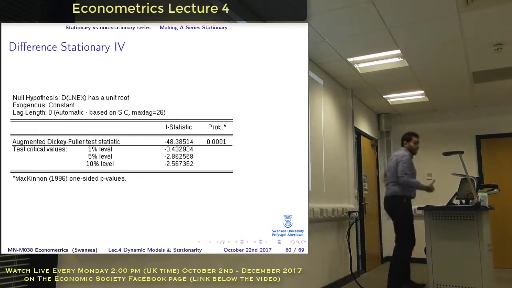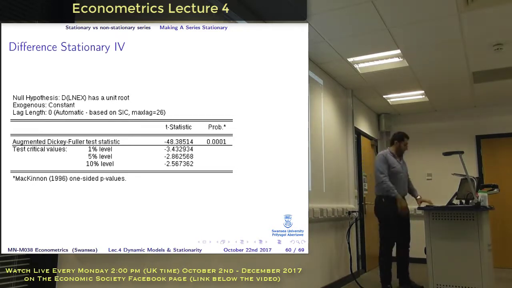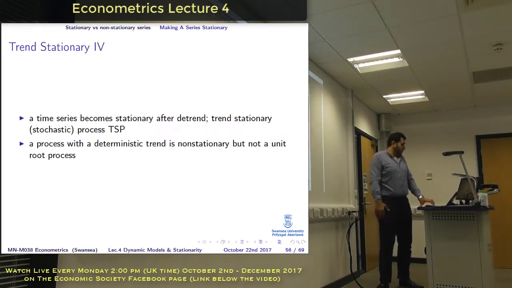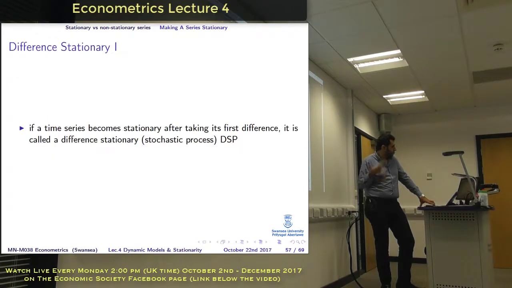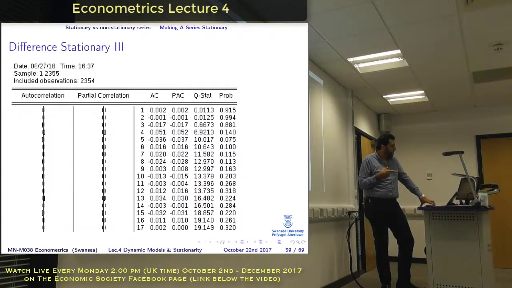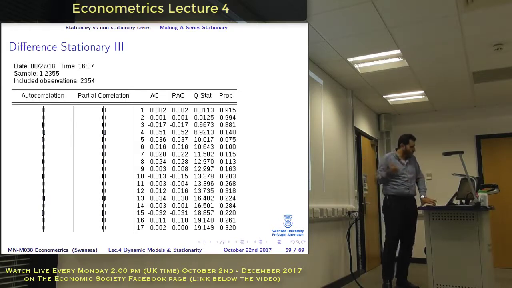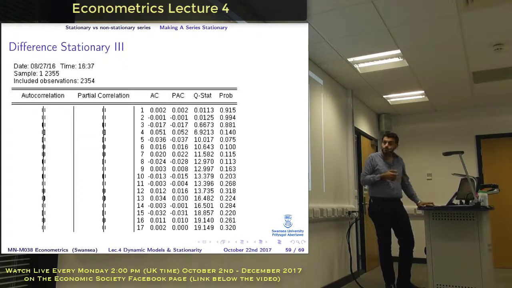When we detrended the data, the first case, it became stationary. Also, when we took the first difference, it became stationary, and we confirmed stationarity in both cases using the unit root test, and also we graphed the series. Final remarks before I conclude.